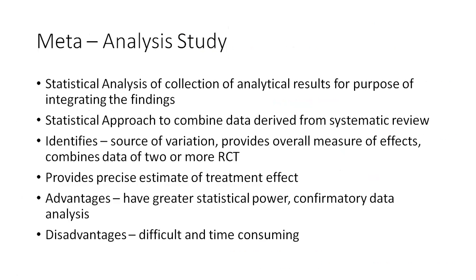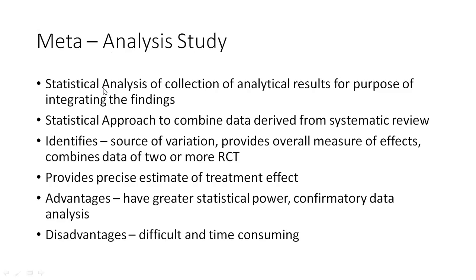Going beyond the primary research, now we look into the secondary research process. In the secondary research process, we have two further types of study. These are meta-analysis studies and systematic review. Both of them are almost similar, except for when we go for a statistical approach to combine data derived from systematic review, it becomes a meta-analysis.